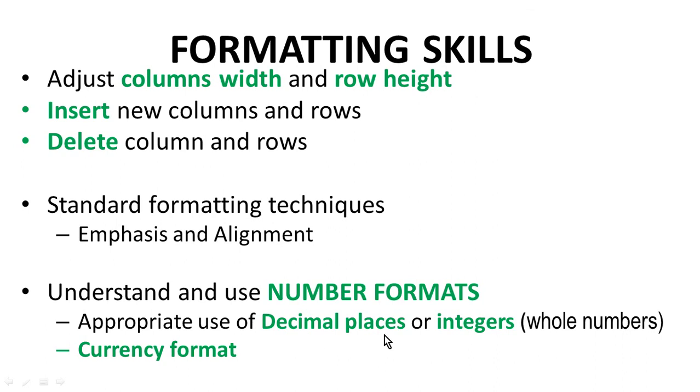Decimal places are things like 2.46, and integers are whole numbers. So you don't have a point something, you just have a number. Those are usually units of things. But when you're talking about money, you often have decimal places, because 2.46 would be £2.46. If you are specifically talking about money, you often put a pound sign on, and that's what we call currency format.